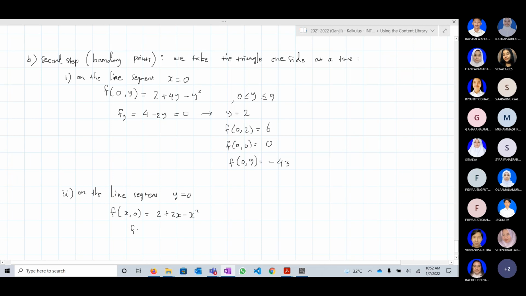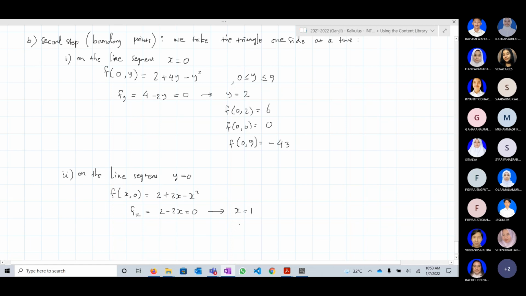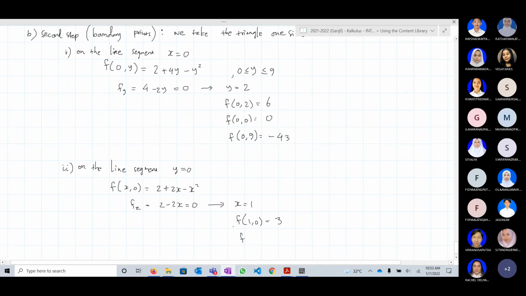So in this case we find the critical points by differentiating, f_x, which is 2 minus 2x. We make it equal to 0. Then it means that x is equal to 1. Then again we evaluate f at 1 comma 0, which is 2 plus 2, 3, and evaluate at the boundary of this line segment. We also have f at 0 comma 0, which is 0, and f at 9 comma 0, which is minus 61.